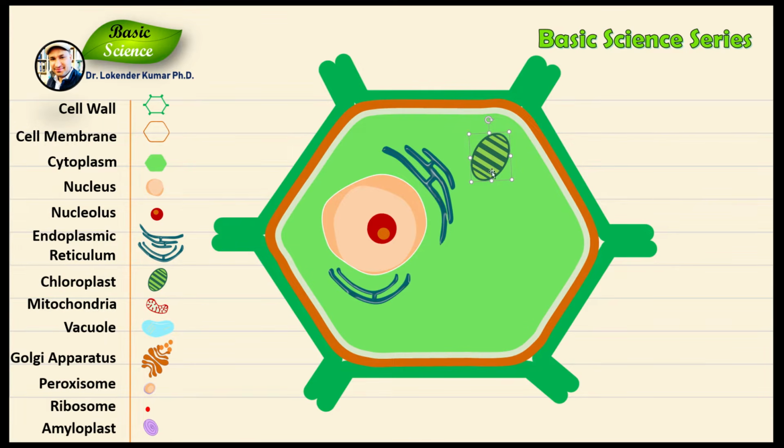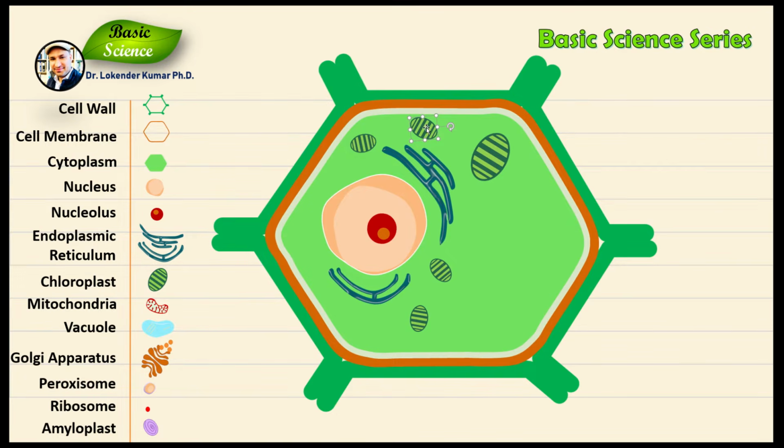And let's design a few more of these structures and distribute them around this plant cell. Because you have a large number of these chloroplasts, they are distributed throughout the plant cell, right?